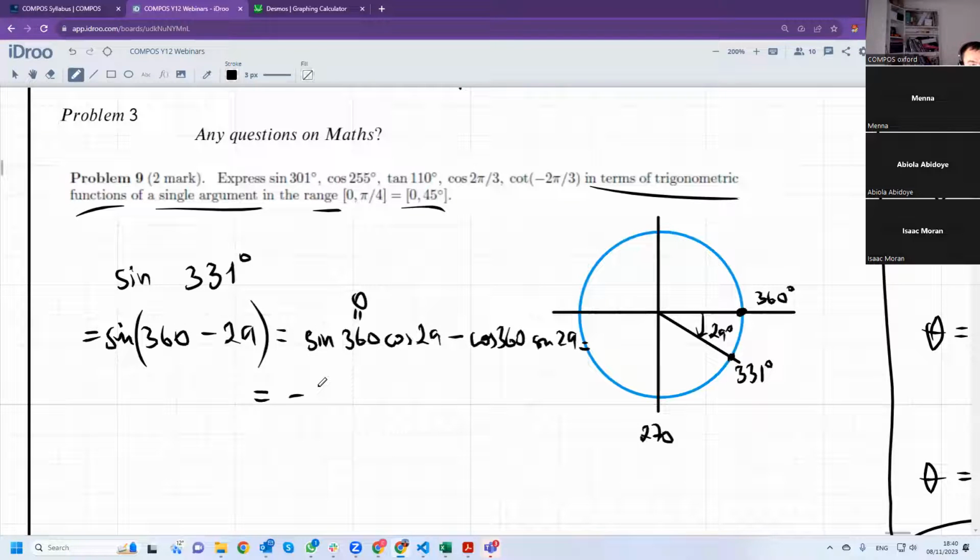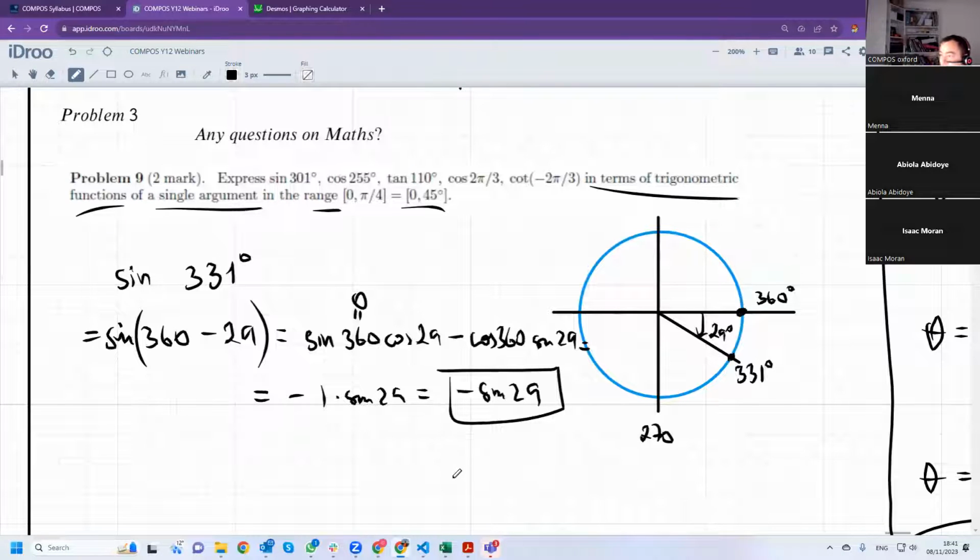So it's minus 1 multiplied by sine 29, so equal to minus sine 29. And that's the answer. Does that make sense? Mena, does that make sense? Okay. So yeah, the answer should be in terms of a single angle, which is between 0 and 45.